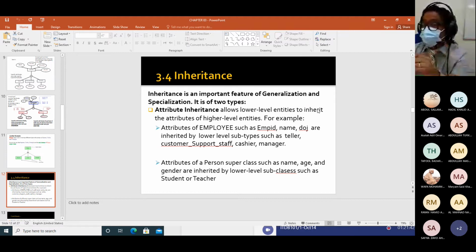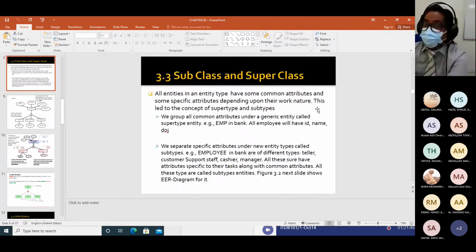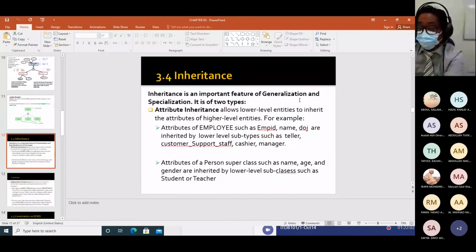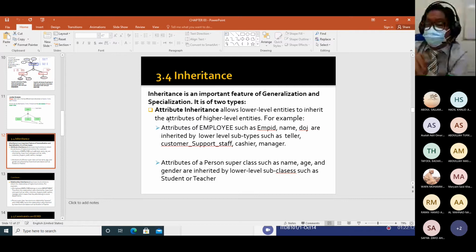One is attribute inheritance. It's almost the same as subclass and superclass. Whatever attributes are given on the upper class or the superclass are common to each of these subclasses, which is what we call attribute inheritance. All the lower level entities will inherit all the attributes which belong to the upper class.